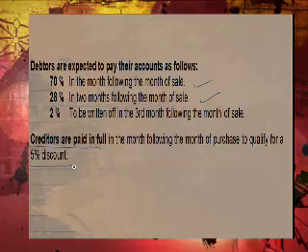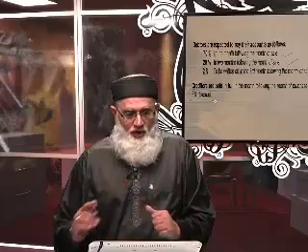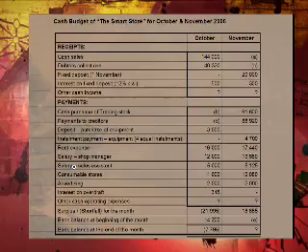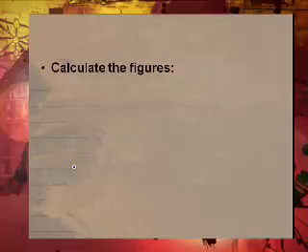So these are all the important, relevant information that you need to take into account when you are doing your calculations. Here the cash budget is given to you. So once again, you are not expected to calculate the entire cash budget, but maybe components of that cash budget.